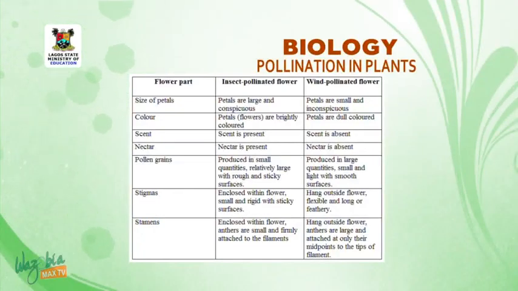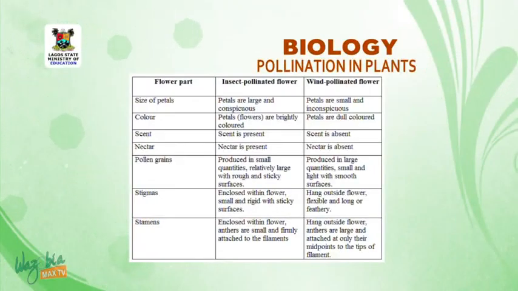Under wind-pollinated flower, petals are dull colored. Under flower part, scent. Under insect-pollinated flower, scent is present. Under wind-pollinated flower, scent is absent. Under flower part, nectar. Under insect-pollinated, nectar is present. Under wind-pollinated, nectar is absent.